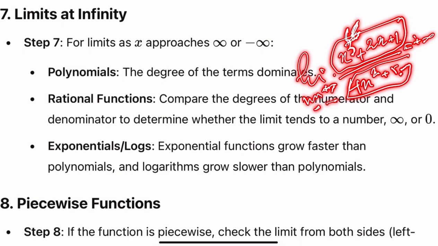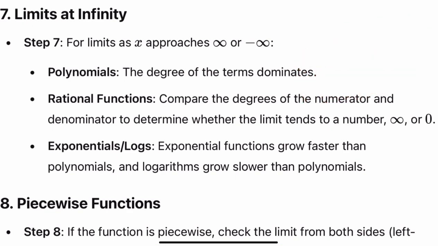But if it's squared and we have 1 here, it will be plus infinity. So to recap, if the degree of the numerator is greater than the degree of the denominator, the numerator grows much faster than the denominator, causing the whole function to increase without bound.